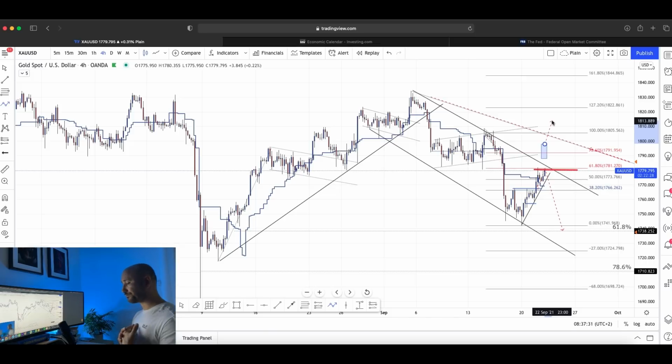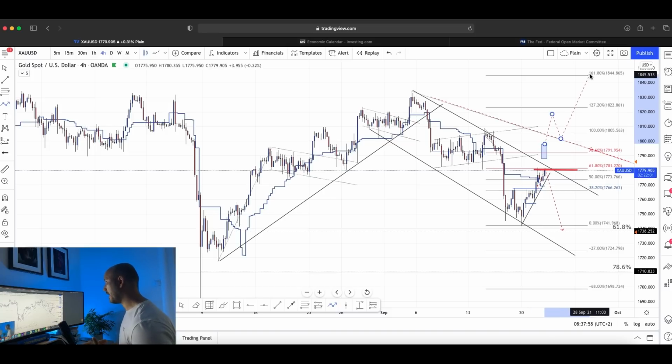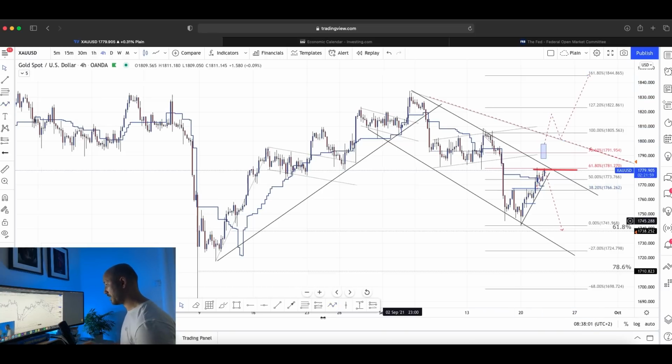What if they overshoot the expected target and reduce the quantitative easing by a bigger amount than expected? Price is just going to shoot up straight away. But how should you trade it if price breaks all of these levels? It breaks the 61.80, breaks the 78.60 and the top trend line. You just have to wait for the trend line break and the market structure break. Wait for the retest and you're good to go for a bullish scenario.